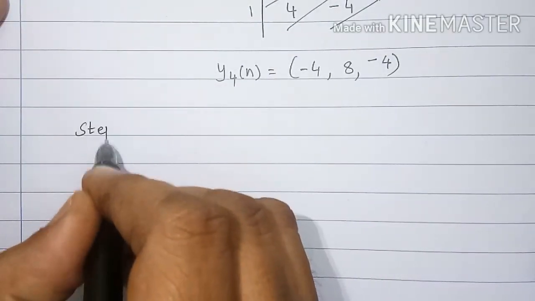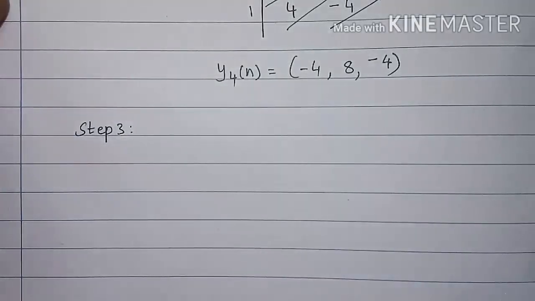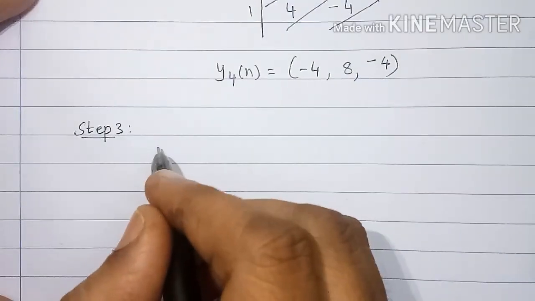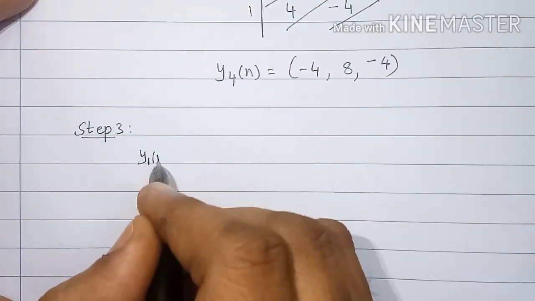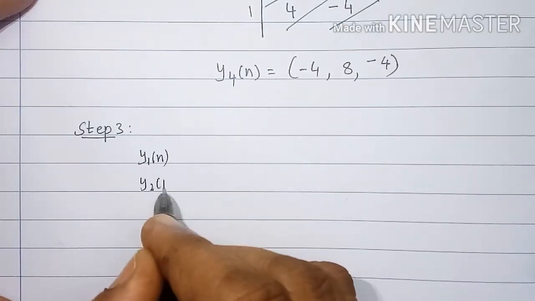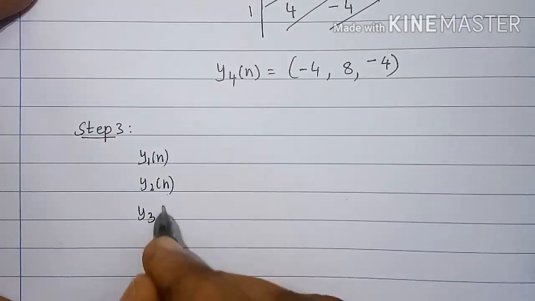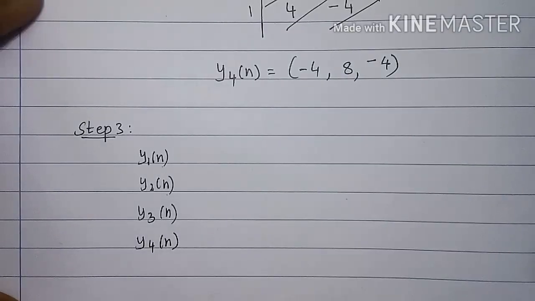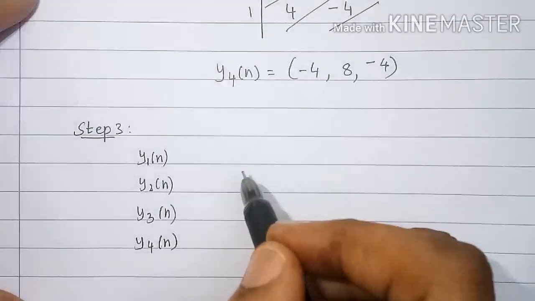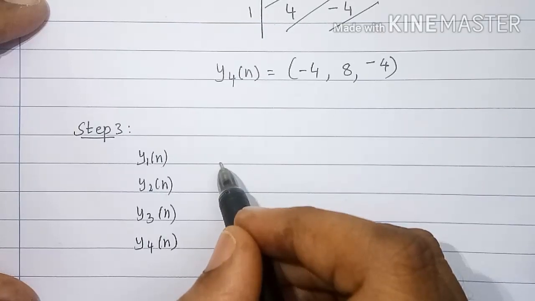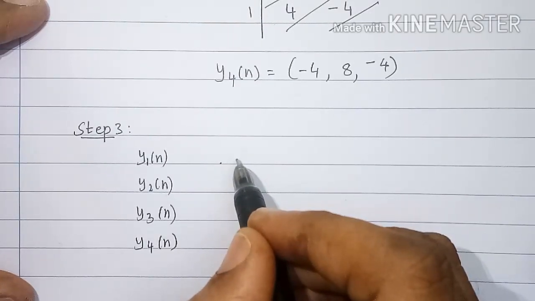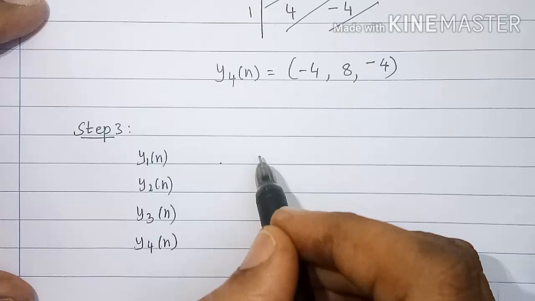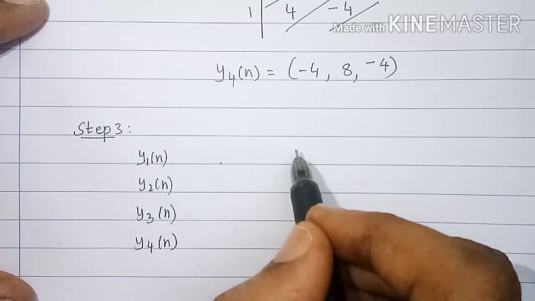In step 3, we have to write the convolution sums one below the other. y1 of n, y2 of n, y3 of n, y4 of n, such that the last element of y1 of n will be above the first element of y2 of n.